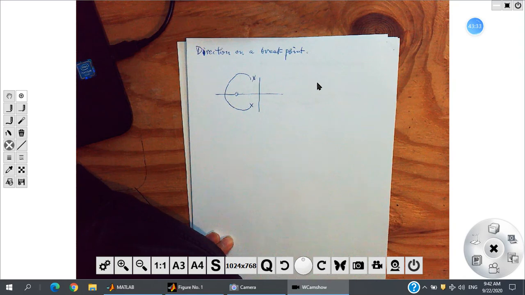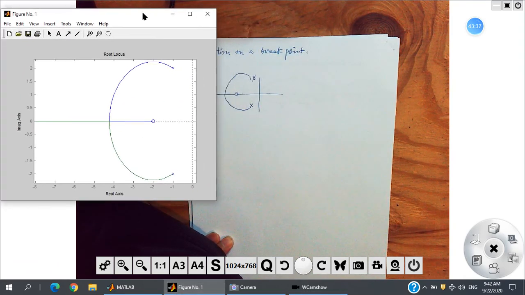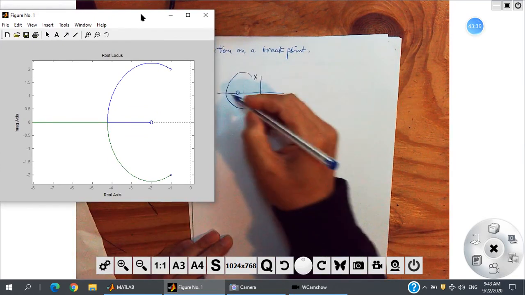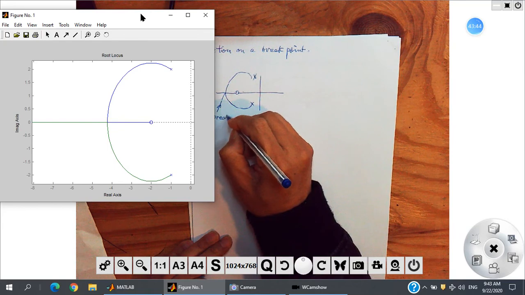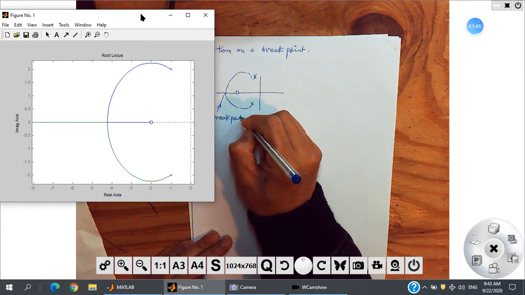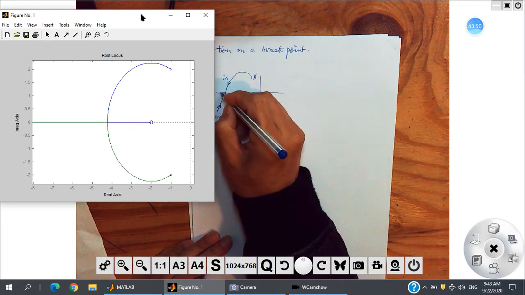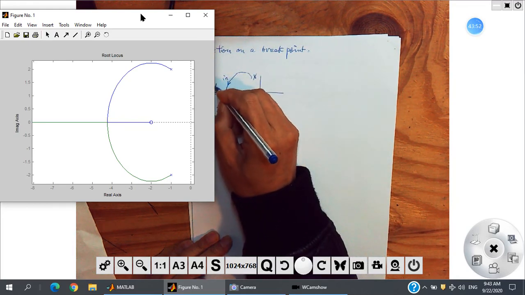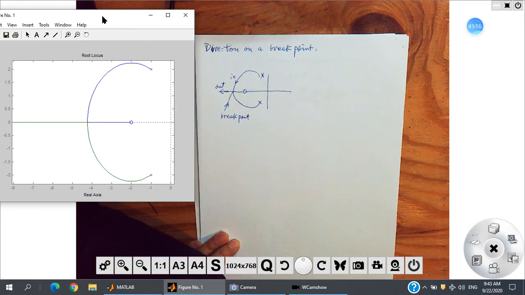And this one. Okay. It looks like this, right? We have this one. And this is a break point. This is a break point. Break point. And here's a break in. Here's a break out. So we will have break in and out directions.